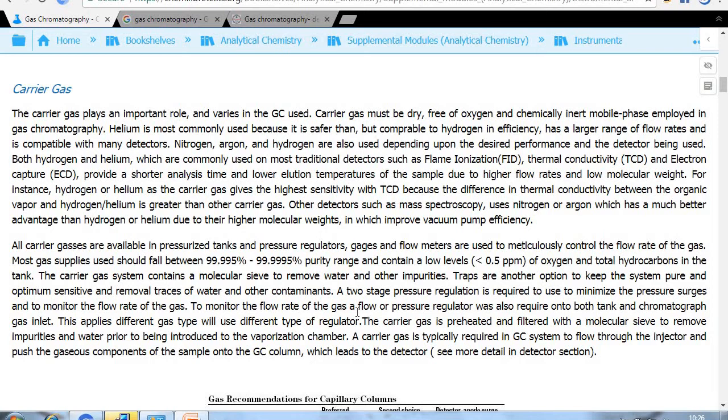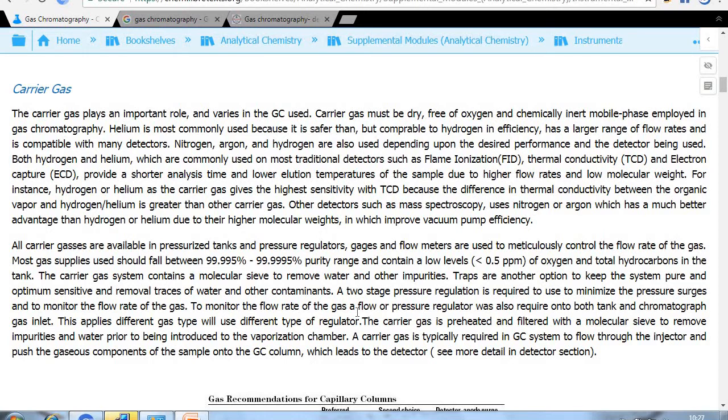In gas chromatography you use different types of detectors like flame ionization detector, thermal conductivity detector, and electron capture detector. Helium can be used for any of these types of detectors, and for that purpose helium is widely used.